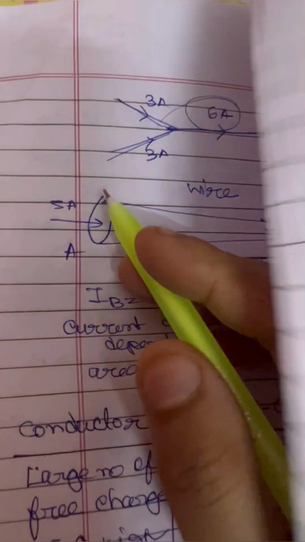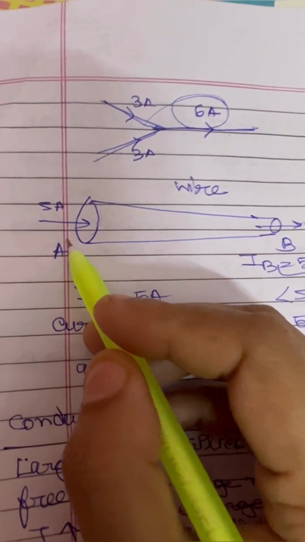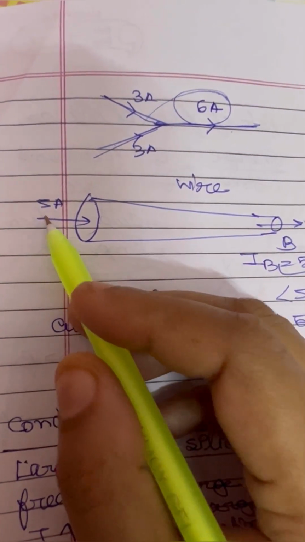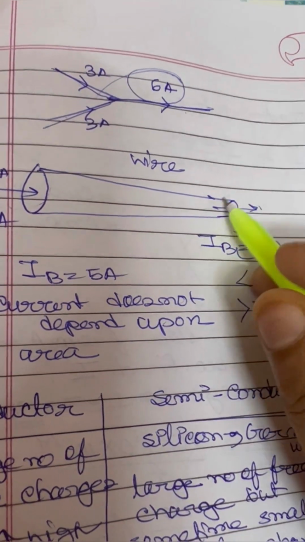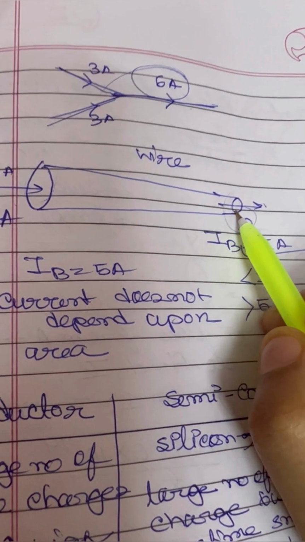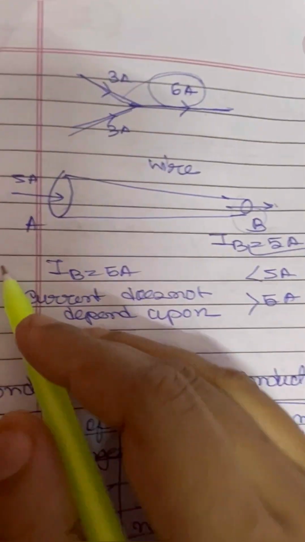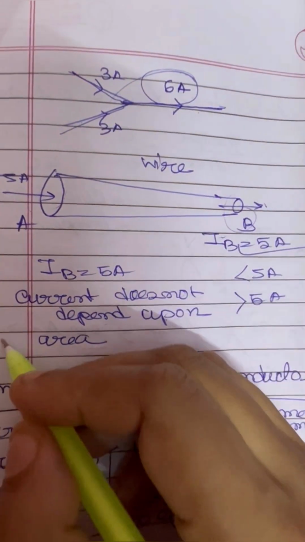There is a wire like this. At position A, current is coming 5 ampere. At position B, we have to find how much current will flow from this point B. We know IB is equal to 5 ampere, so current does not depend upon the area.